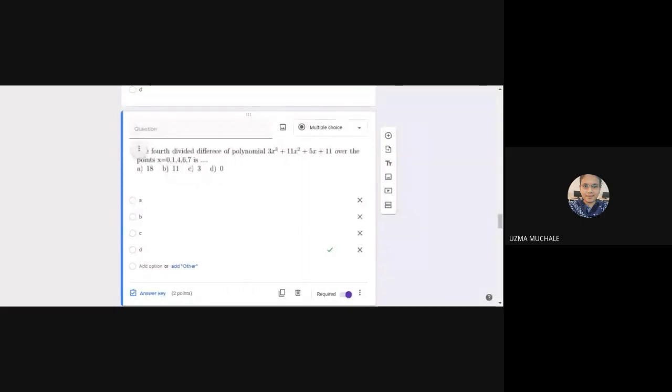How many marks you got? Let us check what option you have written for the 11th question. We've written the option D. D is the correct option. Let me check once again.